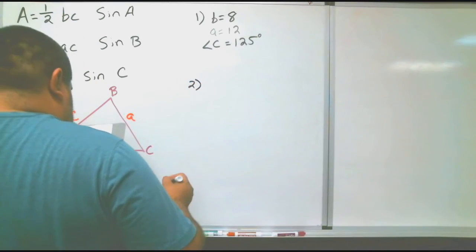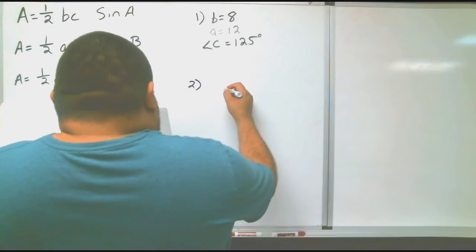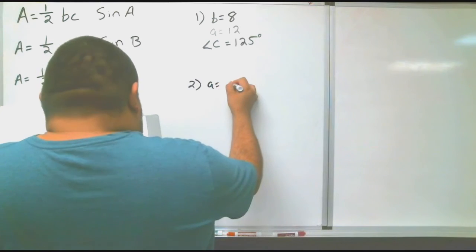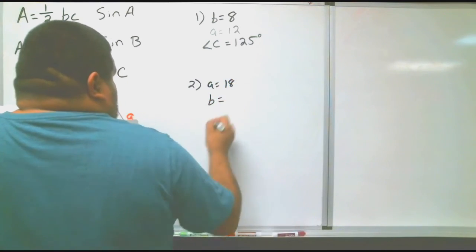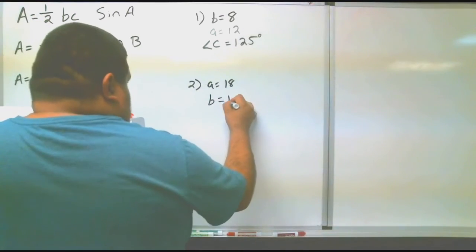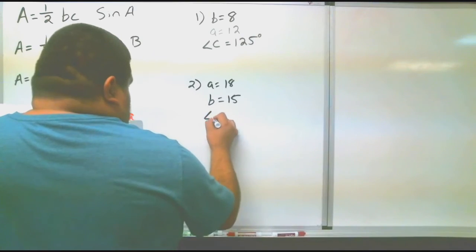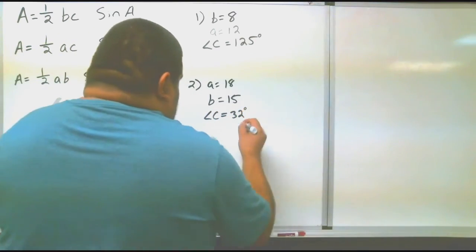Number 2, little a equals 18, little b equals 15, and angle C equals 32 degrees.